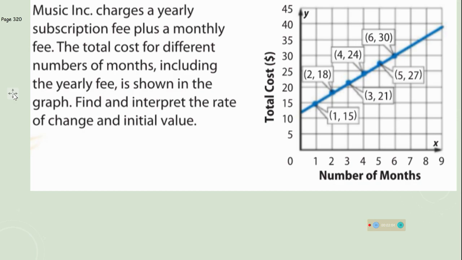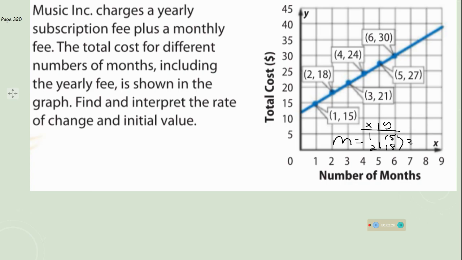Okay, so the rate of change, that's our slope. You can either count up and count over or put it into a table. Since it's a straight line, you only need to take two points. So we'll find our slope by making a table. So x and y. We can go 1 and 15 and 2 and 18.